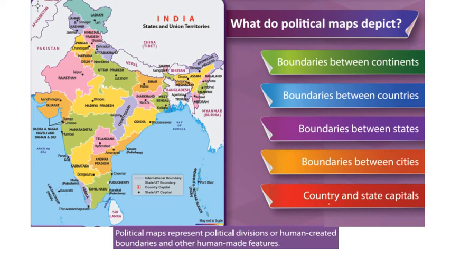They also show countries and their state capitals. This dot you see is Hyderabad, capital of the state Telangana. So political maps basically represent political divisions, human created boundaries and other human made features.